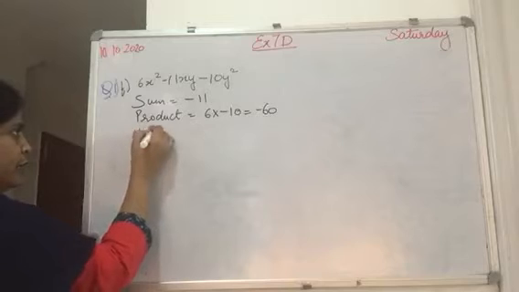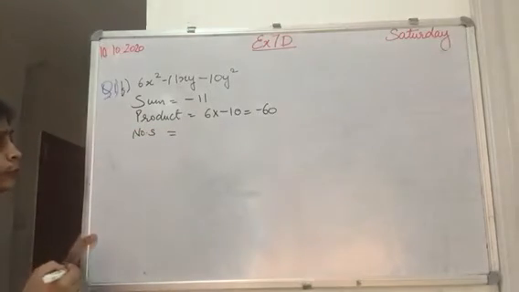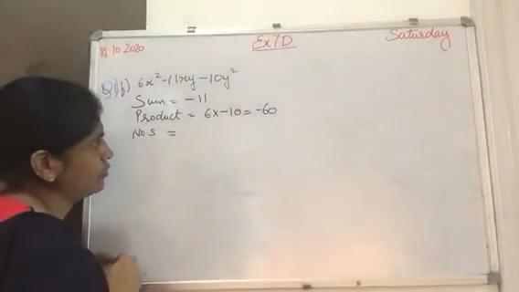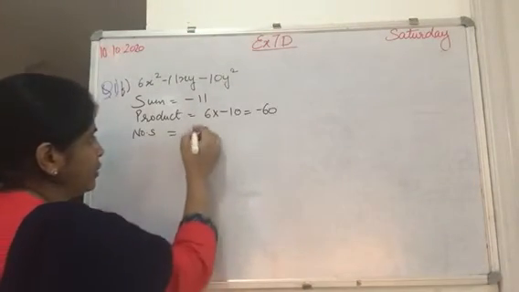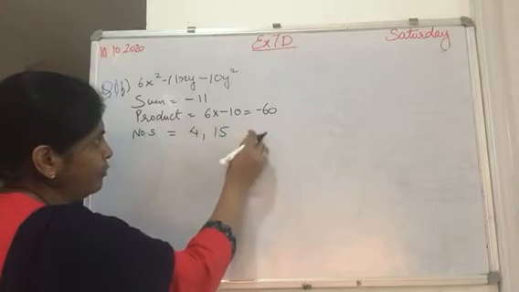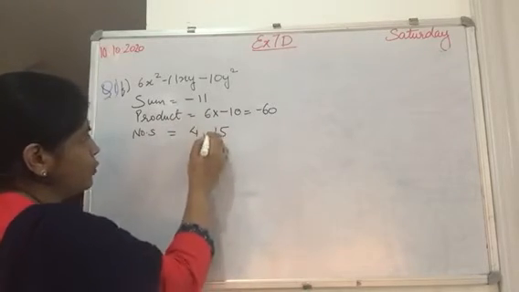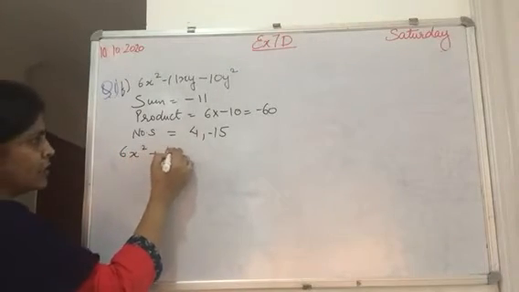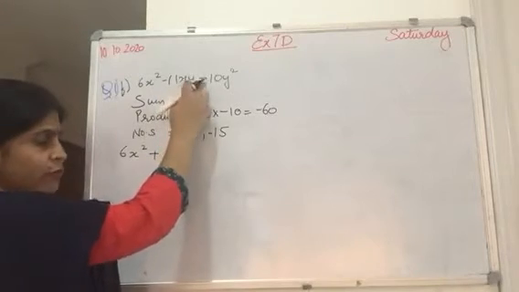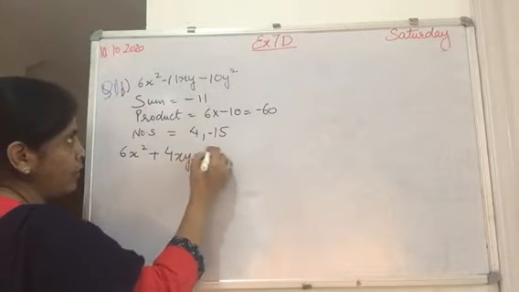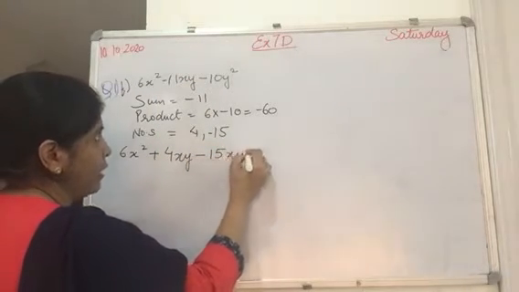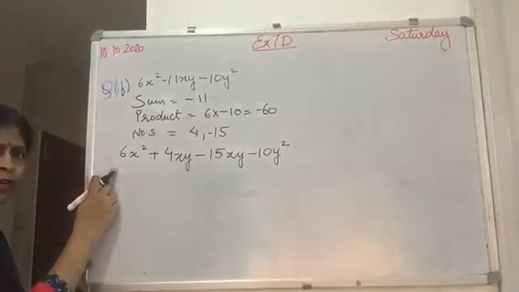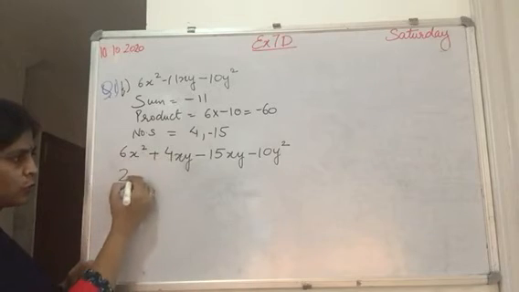So numbers will be 6 and 10, 2 and 3, 12 and 5, 4 and 15. Now 4 and 15, product is negative, sum is negative, so minus 15 into 4. So 6x square plus 4, because the middle term has xy variable, so here xy, minus 15xy minus 10y square. Now 6 and 4 come in 2's table, x is also common.